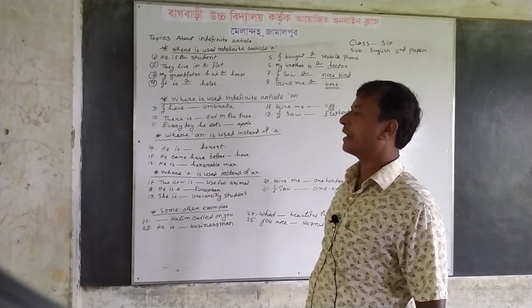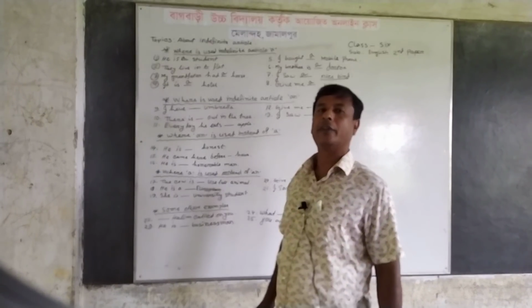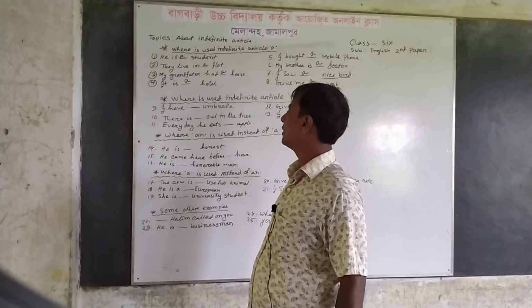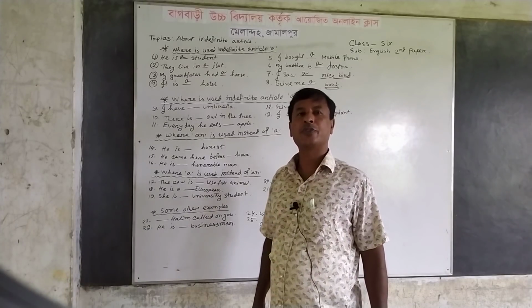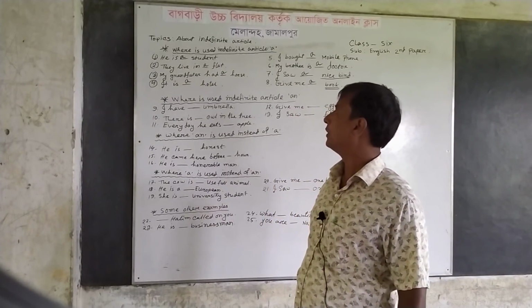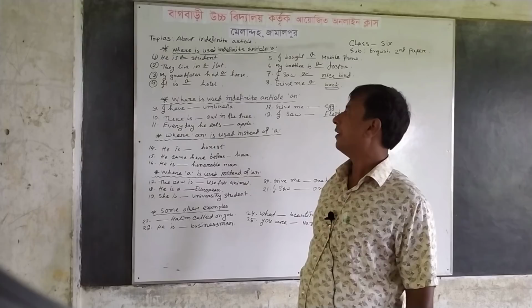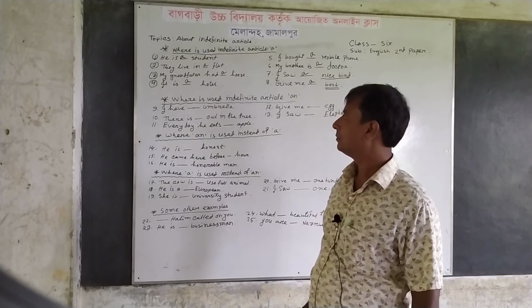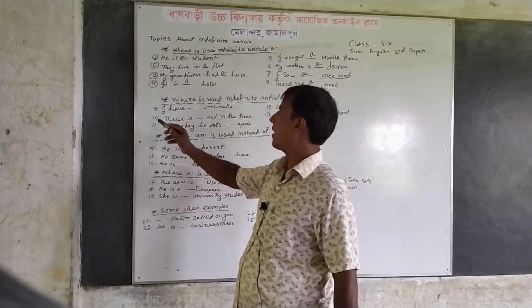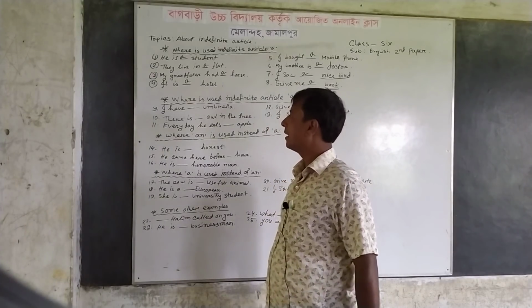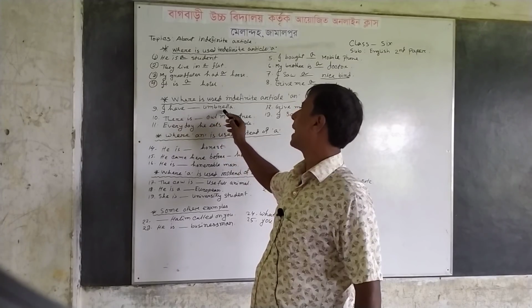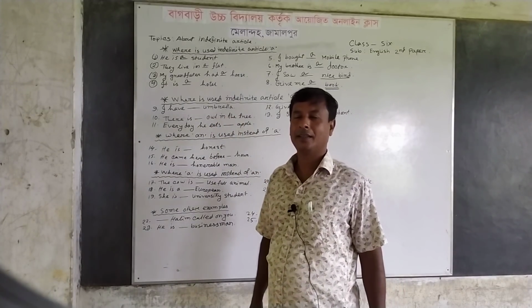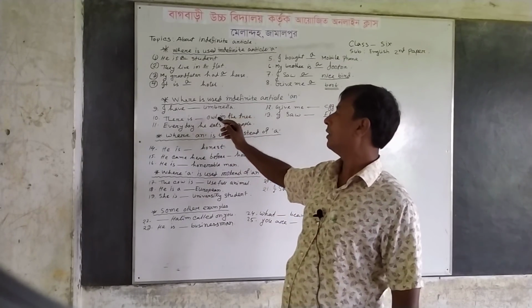If the first letter of a singular countable noun is a vowel, we shall use AN before the noun. Example number 9. I have an umbrella. Look at the example.